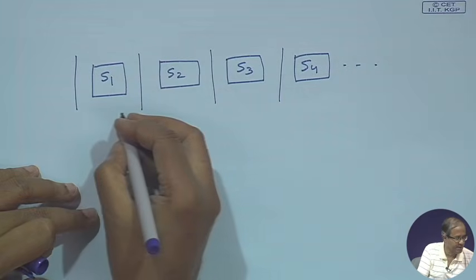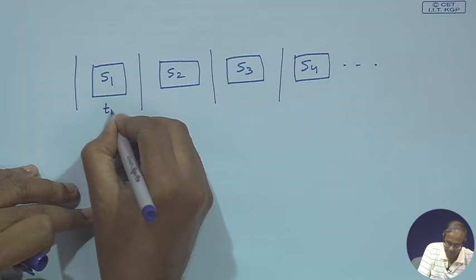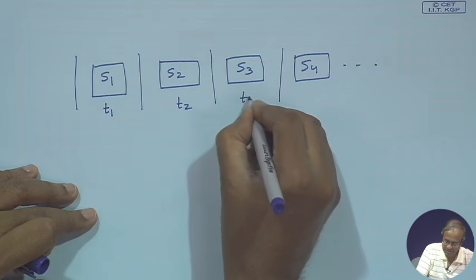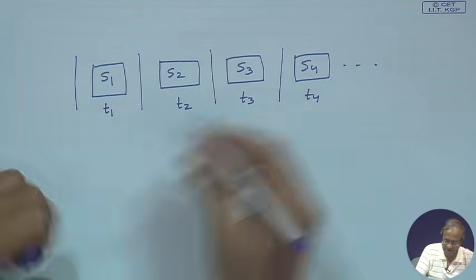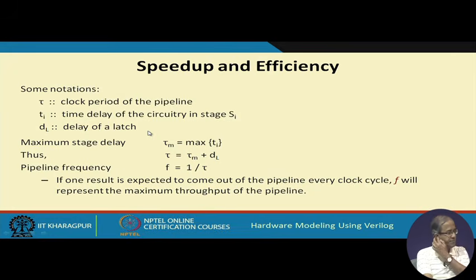So, I am assuming that the time to compute S1 is T1, this is T2, this is T3, this is T4 and so on, right. So, Ti is the time delay of stage Si and let us say dL is the delay of a latch.